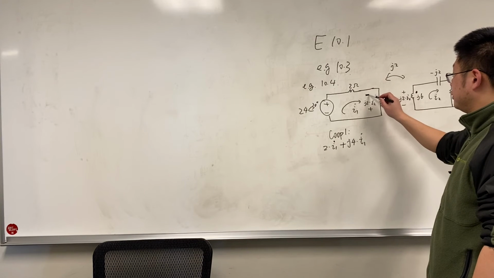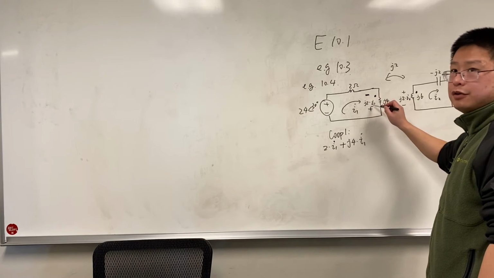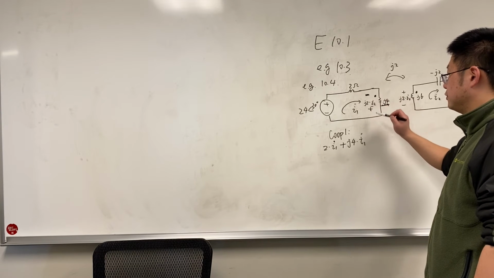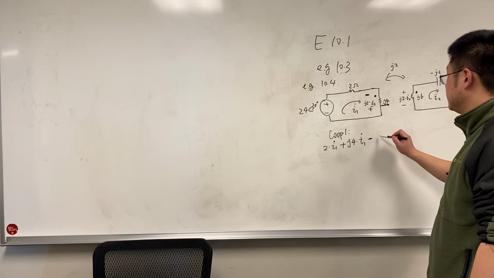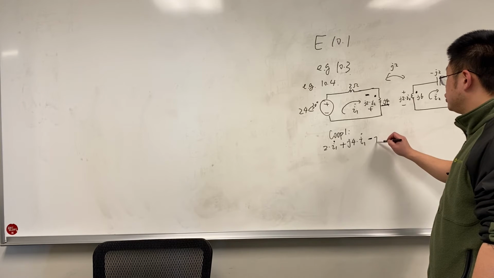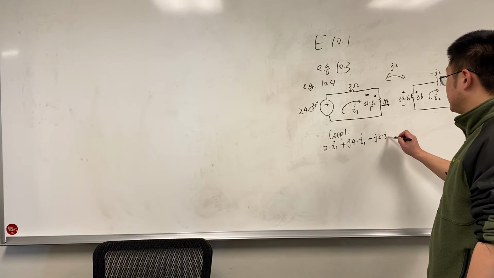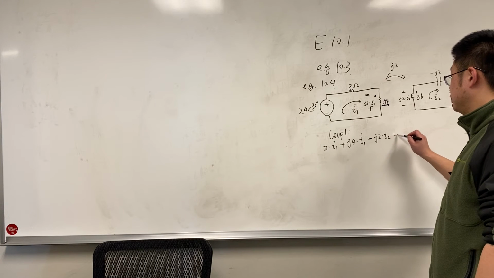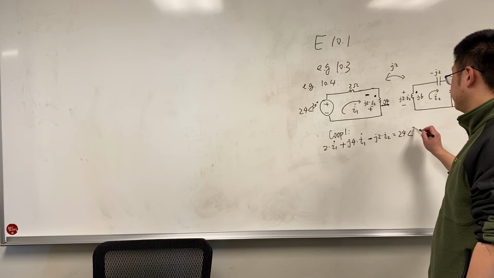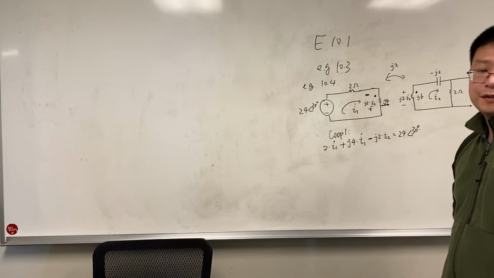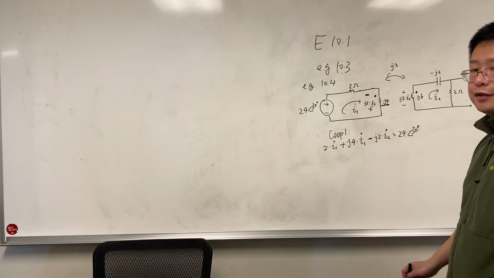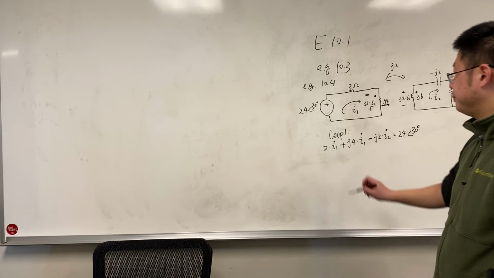And also we have the induced voltage, which is negative-positive. So we have minus j2 times I2 equals 24. The currents are phasors. This is the equation for loop 1.